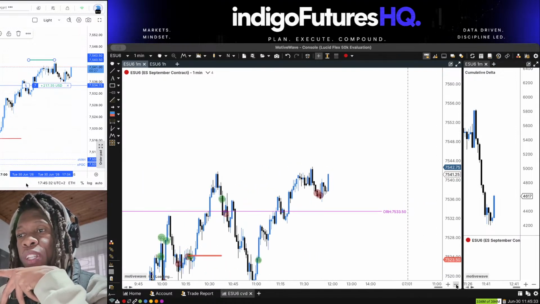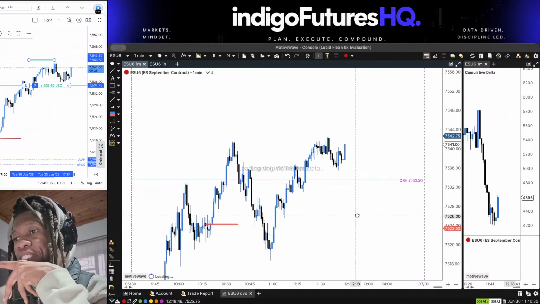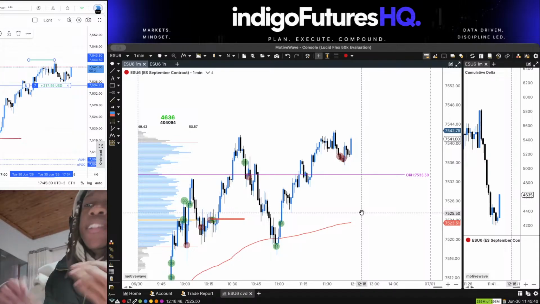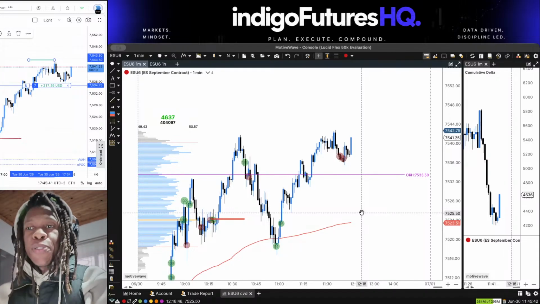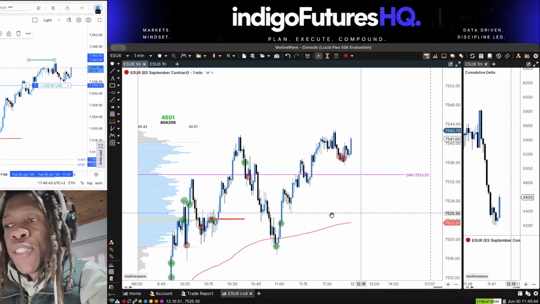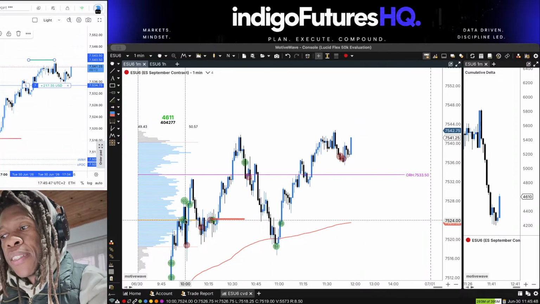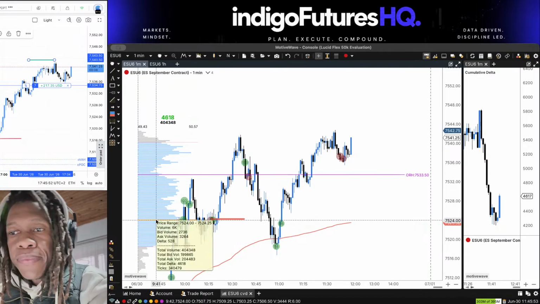I just also would like to see the point of control move. But we also haven't created enough volume above these levels to then have a clean structural shift. Look at this, this is 524. What's the volume here?